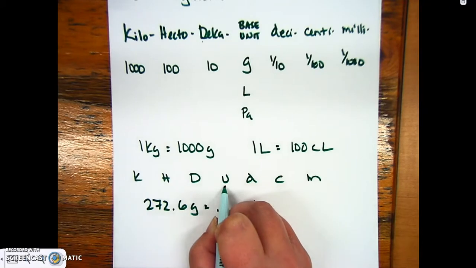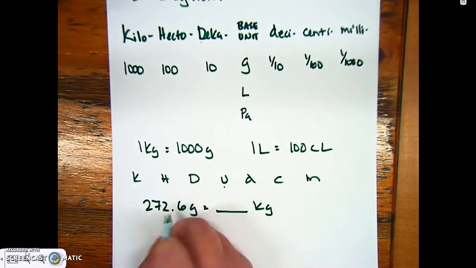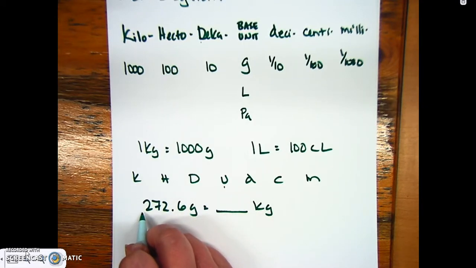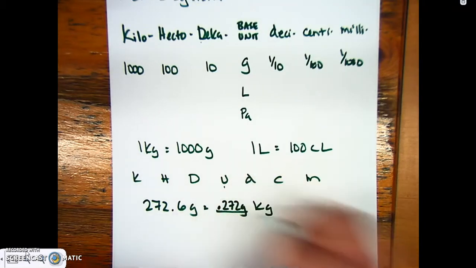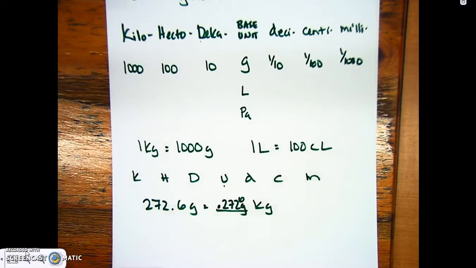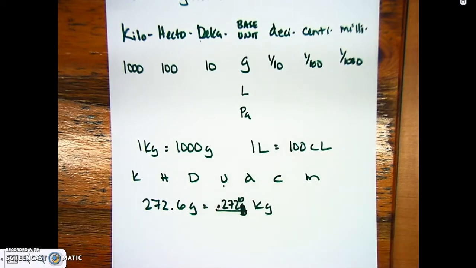So in order to get to K, I need to go 1, 2, 3 spaces over, which means I would take my decimal here and go 1, 2, 3 spaces in the same direction, and I would end up with 0.272 grams. 6, there should be 6 in there. Grams. Oh, sorry, kilograms. 0.2726 kilograms in 272.6 grams.